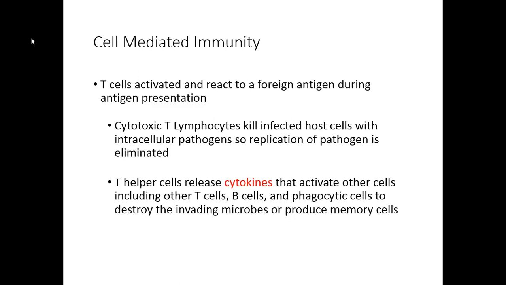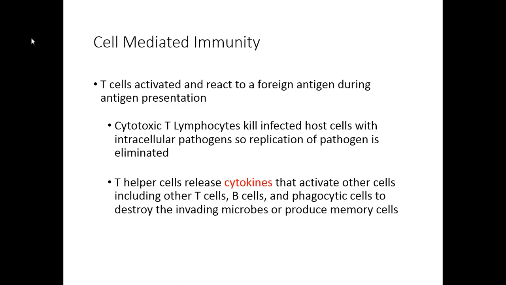They release cytokines, those chemical messengers that can activate cells in a number of different ways. They can activate other T cells. They can activate B cells. They can activate phagocytic cells. They do all of these things with the purpose of either destroying the invading pathogen or producing memory cells by different methods.